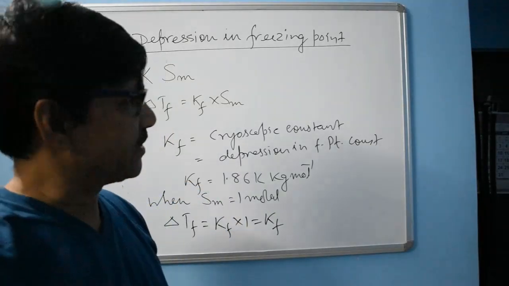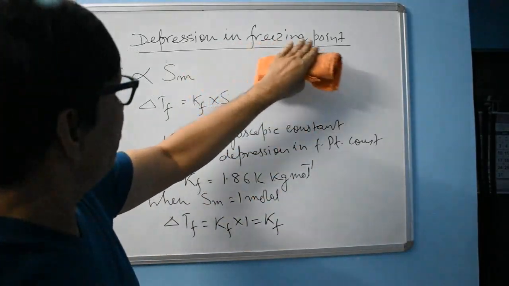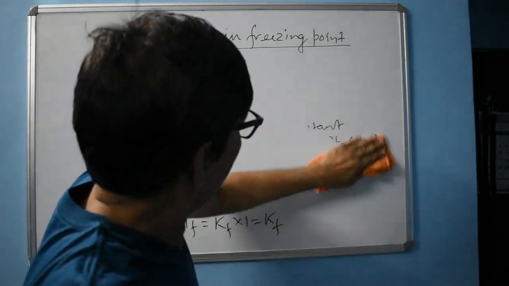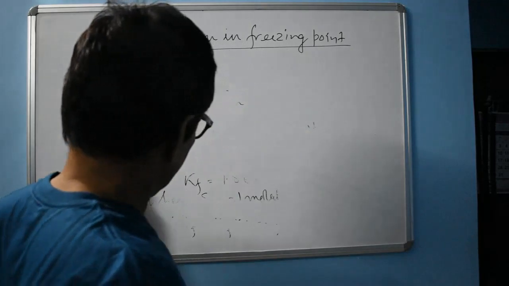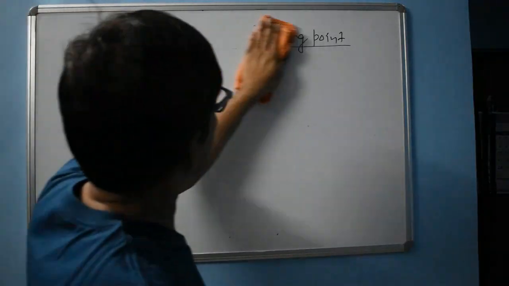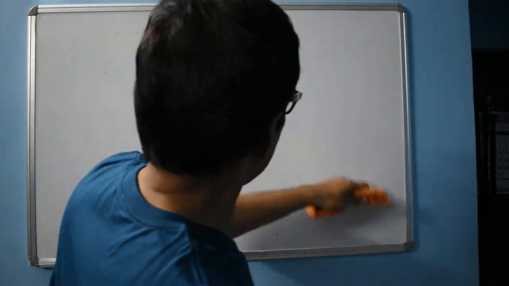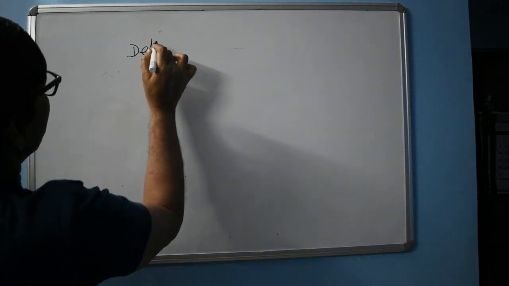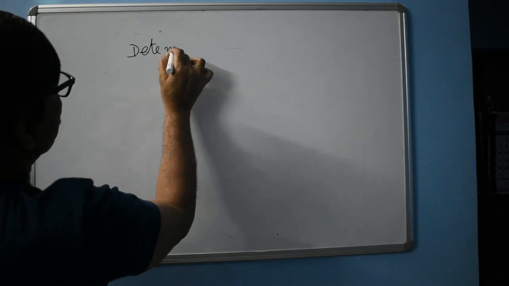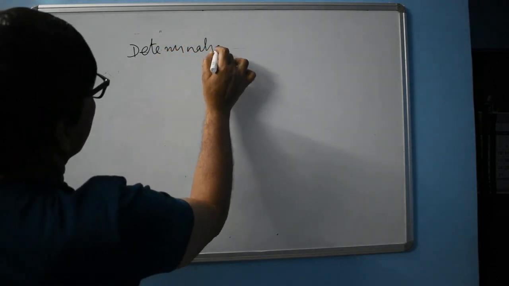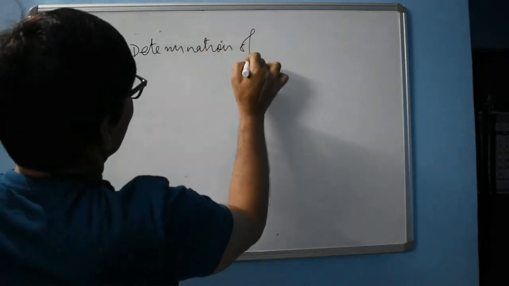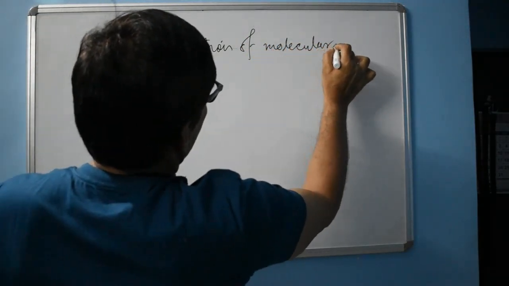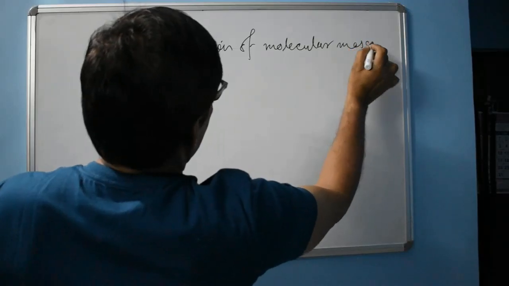Now how do we use it? How do we use this depression in freezing point to determine the molecular mass of a solute, provided the solute is non-volatile. So, determination of molecular mass.